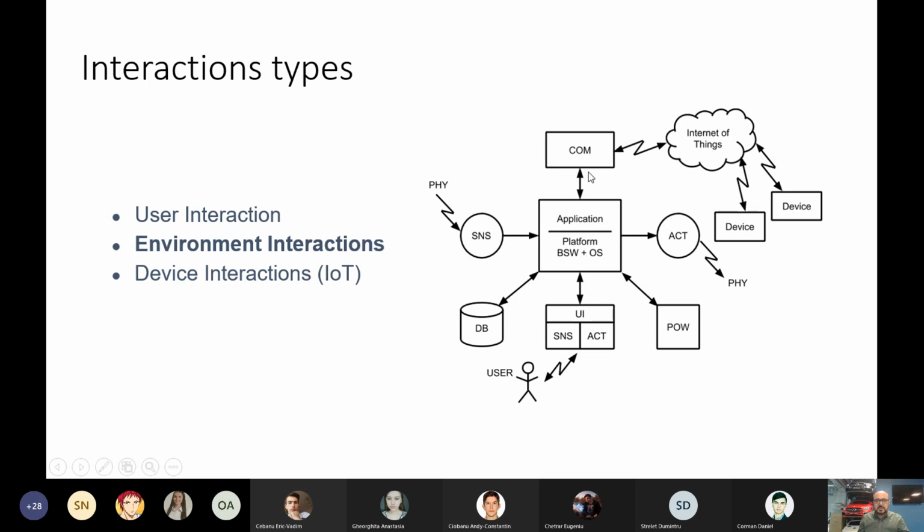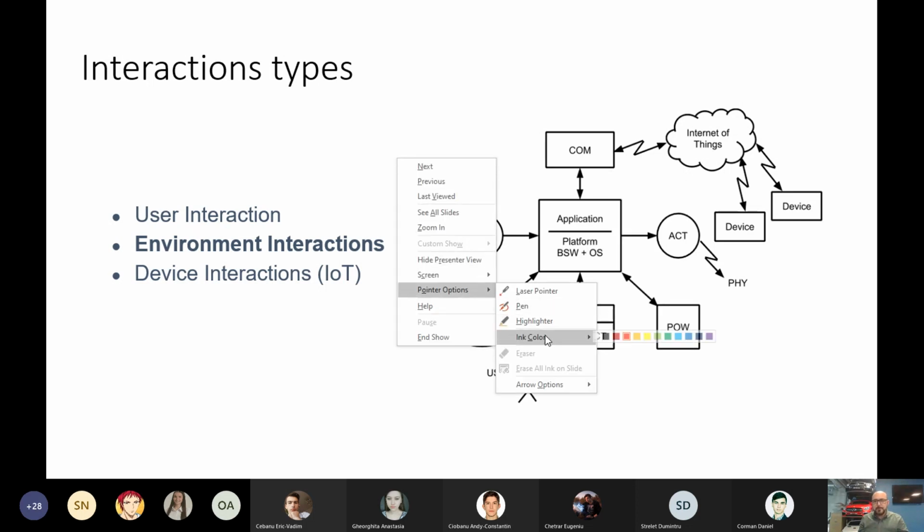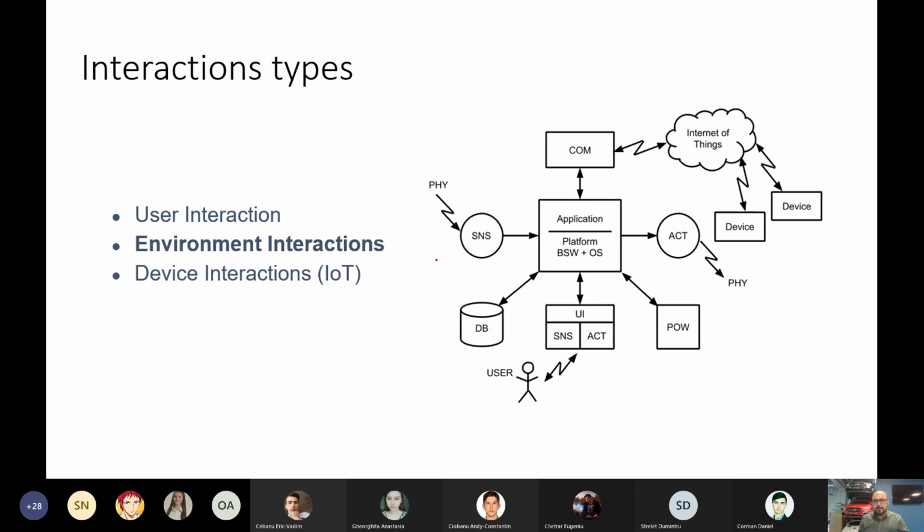Let's start with some painting. We are speaking now about environment interactions, because interaction with the environment happens via the sensor for gathering and the actuator in order to make some changes to the environment.